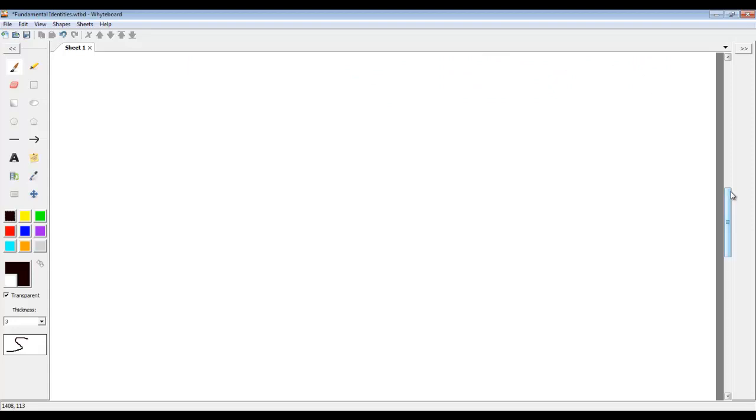Let's start out here. Let's say you have that the cosine of theta equals 5/8, and you know that theta is in quadrant 4. Okay, so quadrant 4 is over here.